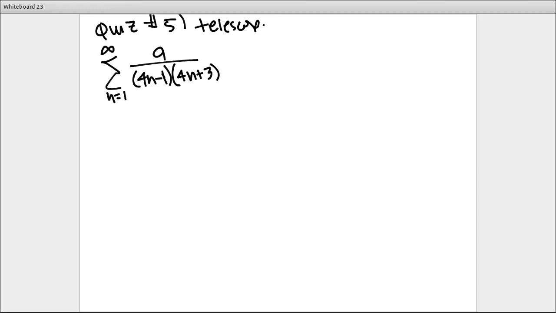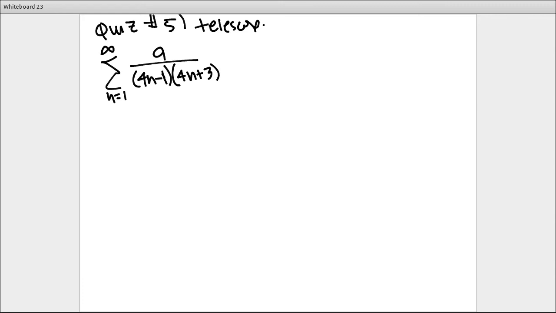You probably looked at that and went, what? That's not a telescoping series. Is it adding and subtracting if you just plug it in? If I plug in values, you get a positive number plus another positive number.